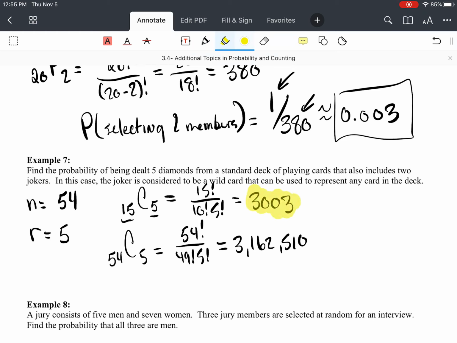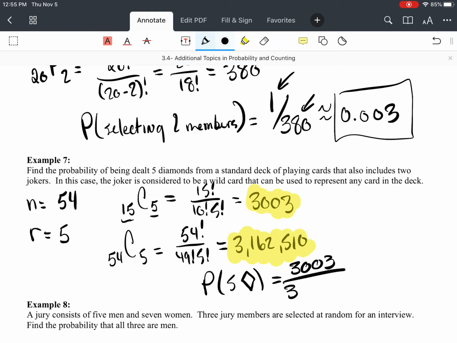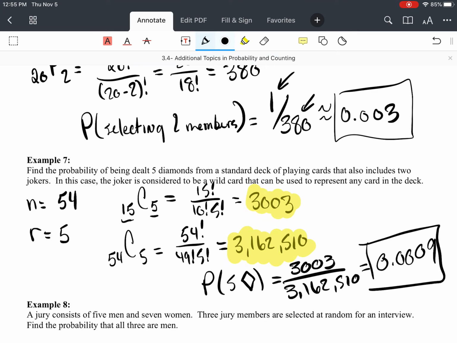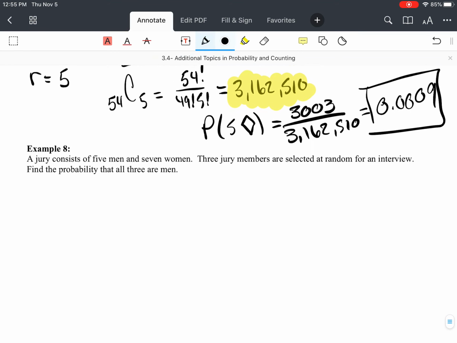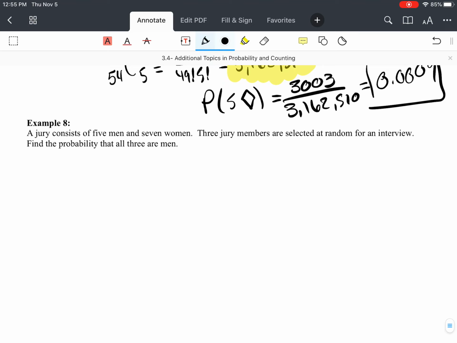So we found the number of outcomes that we want, and the total possible number of outcomes. To find the probability of 5 diamonds, we simply divide the two. So 3,003 divided by 3,162,510. Using our calculator to find the decimal, we get 0.0009. So a very, very small chance that we'll draw 5 diamonds.